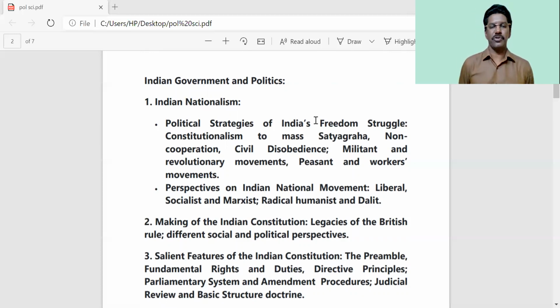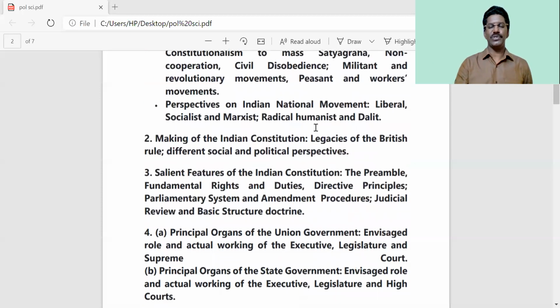Indian polity and the Constitution are a core area inside Paper 1 Section B. The main heading is Indian government and politics, which usually starts with political history: how the various struggles happened, how the Constitution was made, and what the salient features are, as well as the Preamble, Fundamental Rights, DPSP and other most important principles and doctrines.